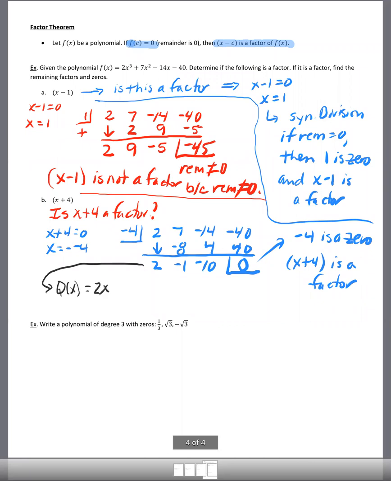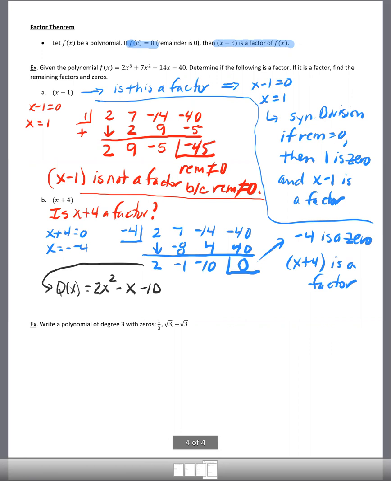We started with a cube, so now we have squared, then first power, then the constant. This is our quotient. The quotient's degree is 2, which means we have 2 possible zeros, which means we have 2 possible factors coming.